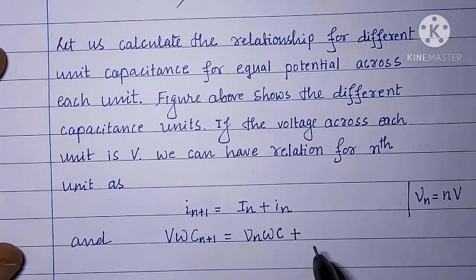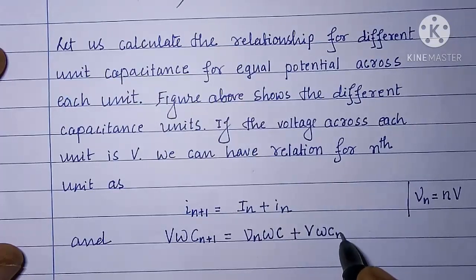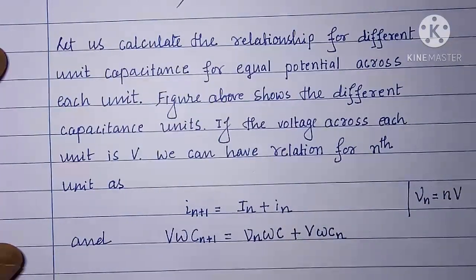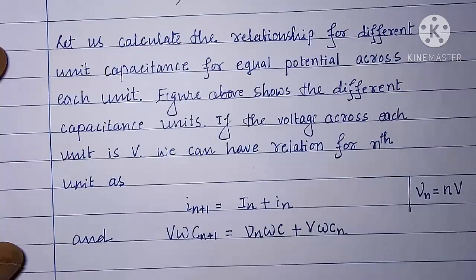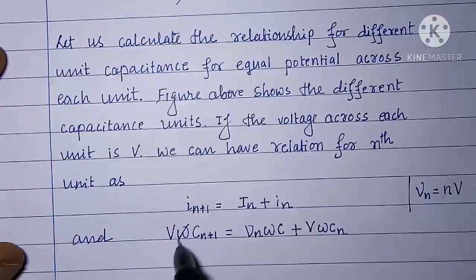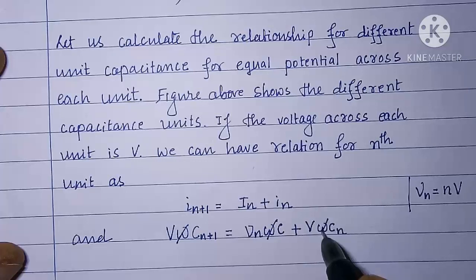plus capital V into, because In is current through the nth unit, voltage across the nth unit is capital V into omega Cn. Now you can cancel here omega, omega and omega.